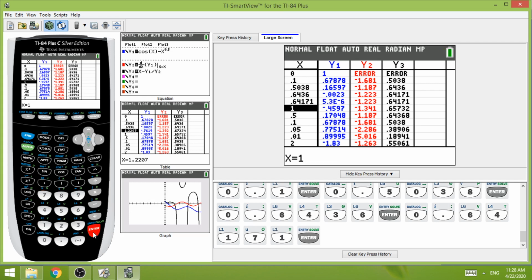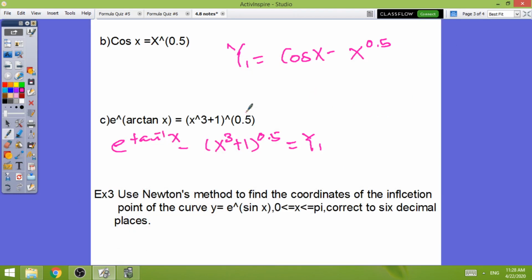Okay, let's see what that is. And that's the one. So for the x-intercept, we do have 0.64171, comma 0.